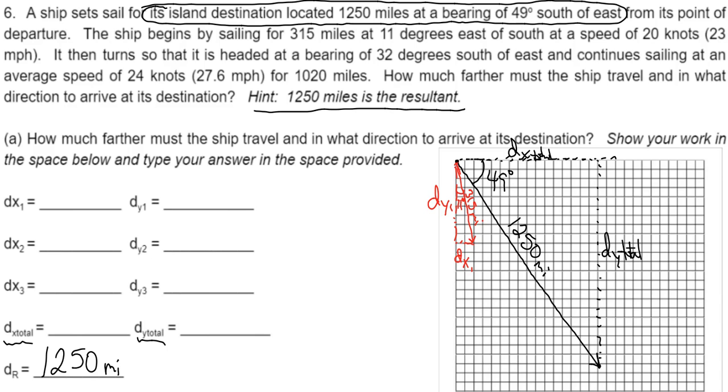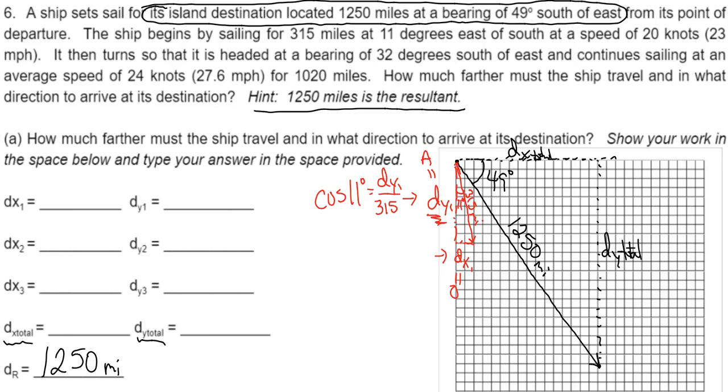Now in order to figure out these two components, dy and dx, I'm going to use my trig functions just like we've been doing. With respect to my 11-degree angle, dy is the adjacent side because it's next to it, and dx is the opposite side. To figure out dy1, I'm going to use adjacent over hypotenuse, which means cosine. So cosine of 11 degrees is equal to dy1 over 315 miles.